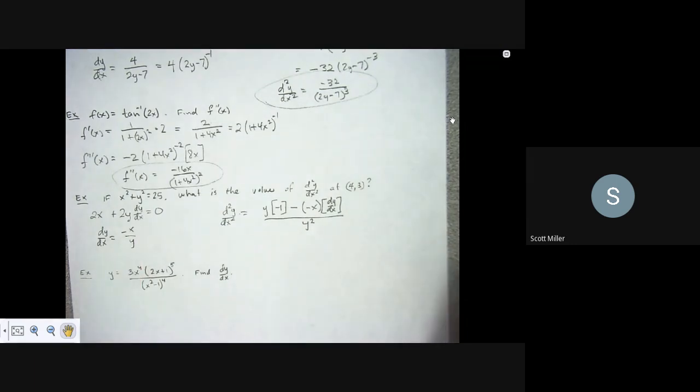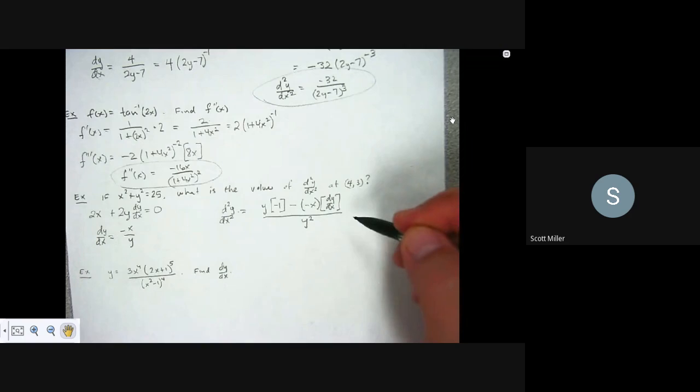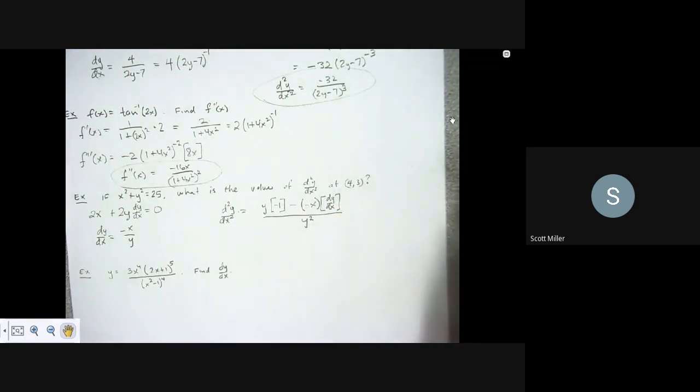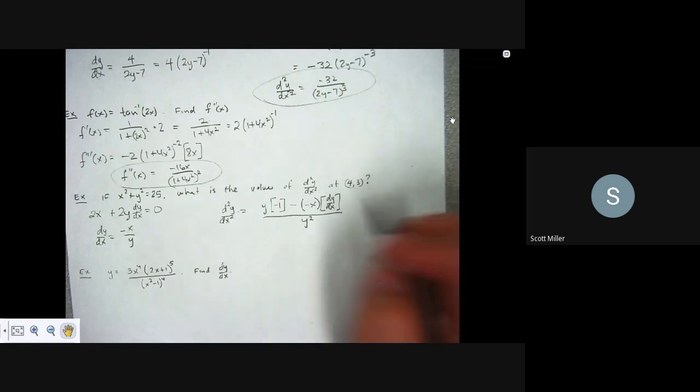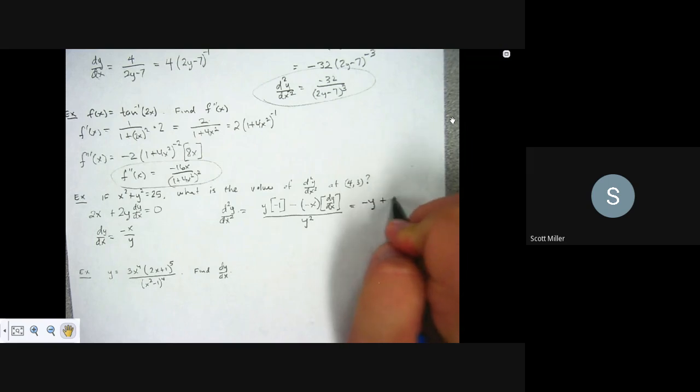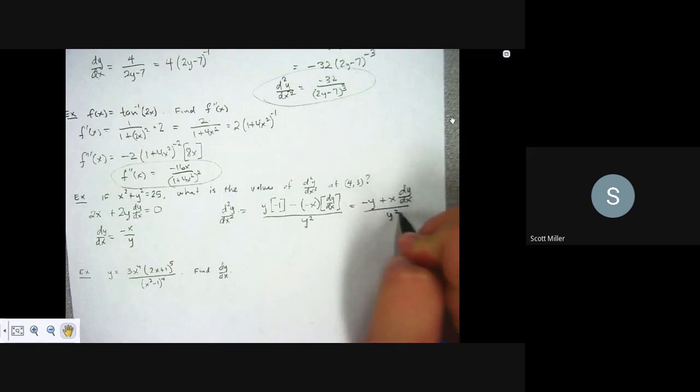When I look at this and want to evaluate it at (4, 3), I don't need to simplify ahead of time. It might be beneficial because there are a lot of negatives in here. If I do, I'll get negative y plus x dy/dx over y squared.